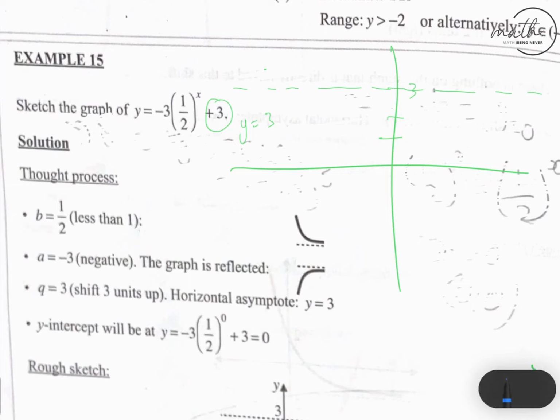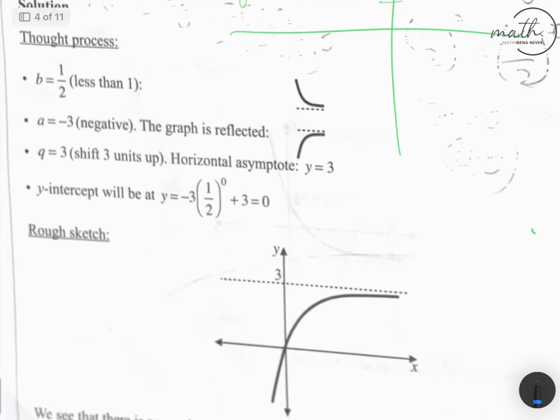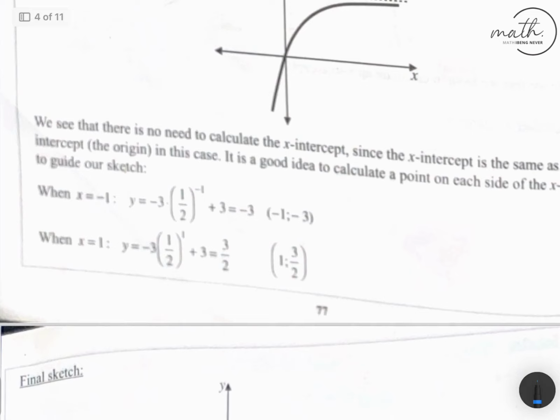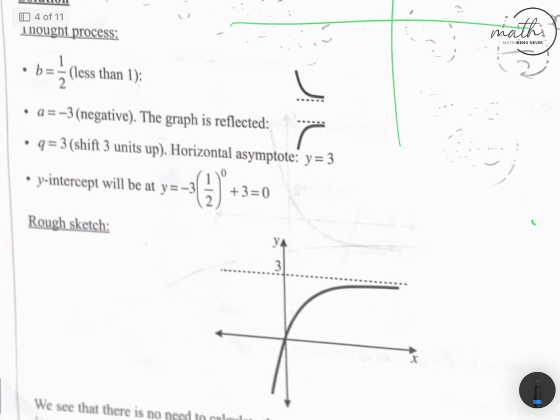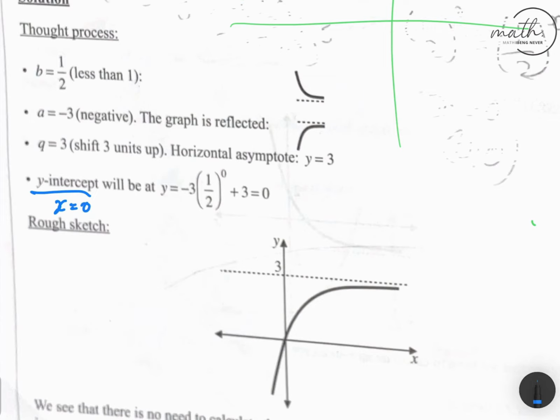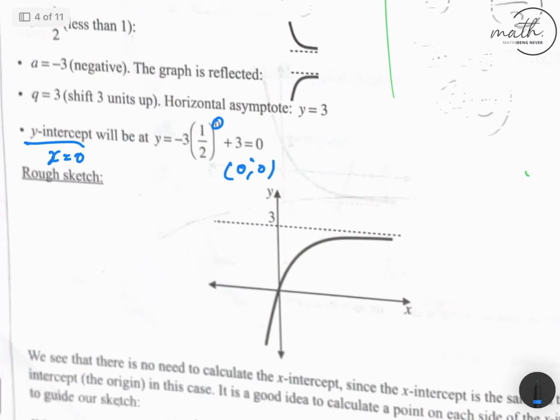Okay, now you just need to find the intercepts. For the y-intercept, x is 0, put 0 there. Solve, you get 0 again, that means 0, 0. You also try to find the x-intercept, where y is 0.